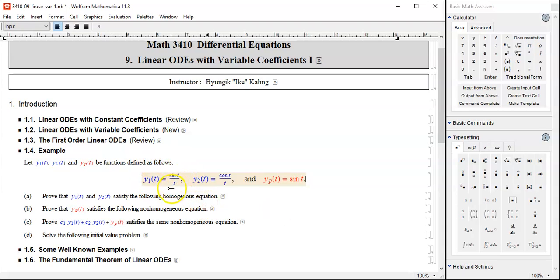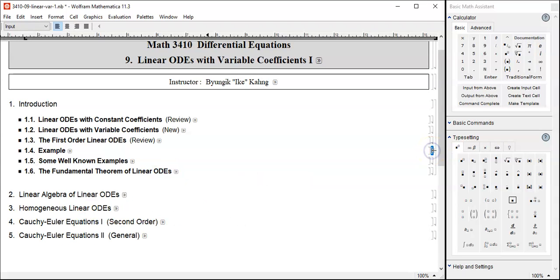How do you get sine of t over t? How do you get cosine of t over t? And then how do you get sine of t for the particular part, the non-homogeneous part? 3 big questions to answer. And all three questions will be answered in Module 10, not here.